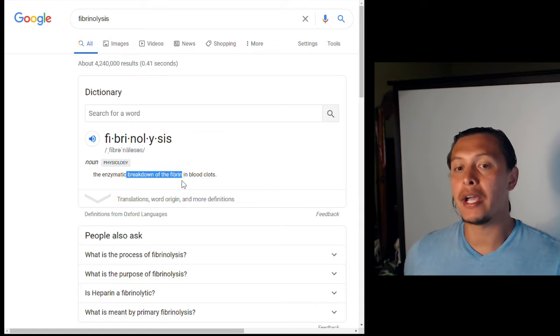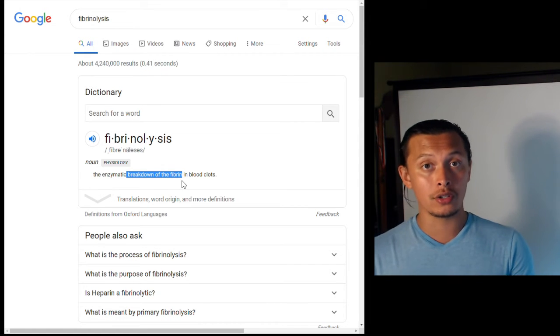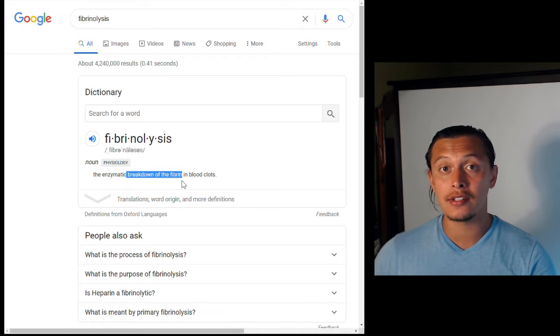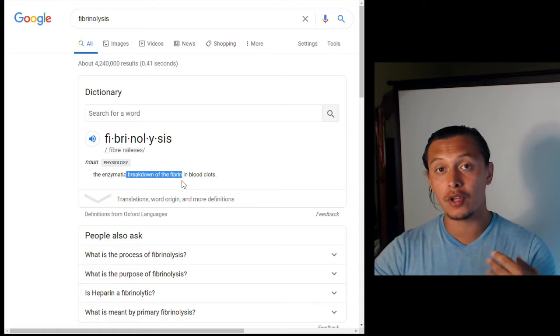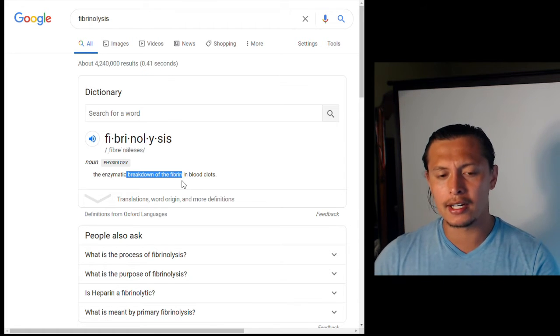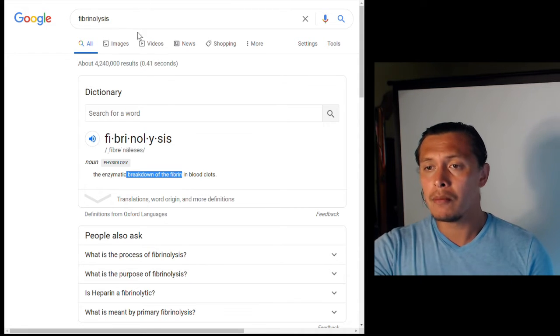So basically, in your body, you have a protein called fibrinogen. Fibrinogen is synthesized in the liver and some other cells, and I believe it's mostly in a lot of the platelets, and I think it's also just floating around in solution as well.